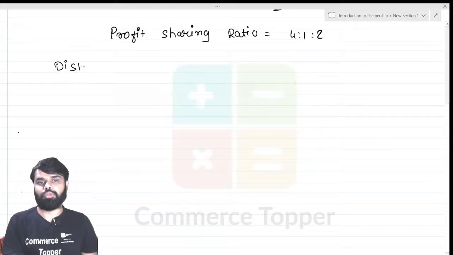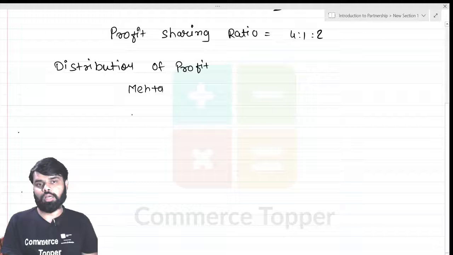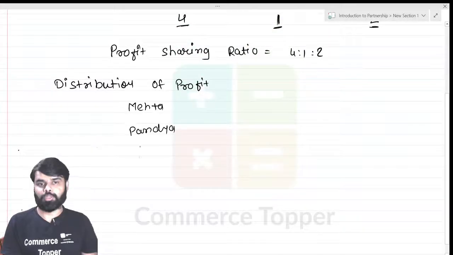Let's distribute the profit. Mehta, Pandya and Bajpai.